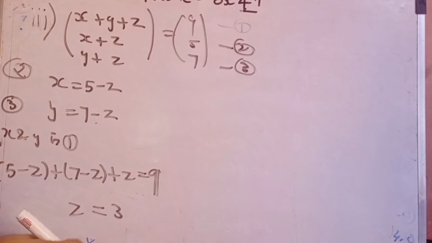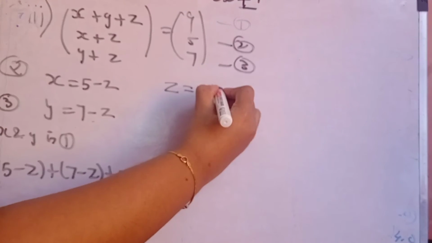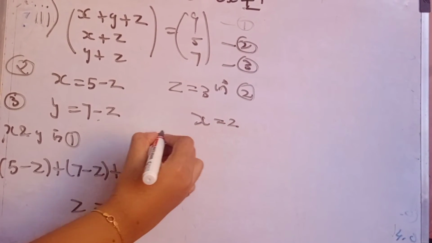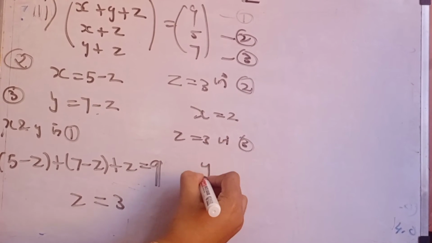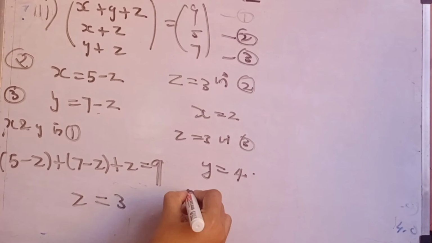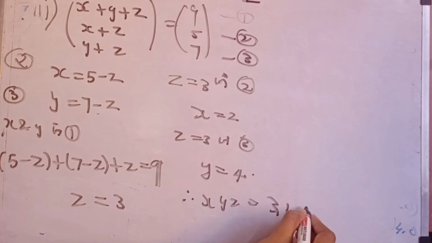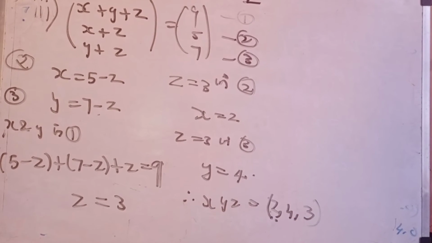If you solve this, you will get z value as 3. If you substitute z is equal to 3 in 2, you will get x is equal to 2. If you substitute z is equal to 3 in third equation, you will get y is equal to 4. So therefore, x, y, z will be 2, 4 and 3. Okay, this is the third subdivision.